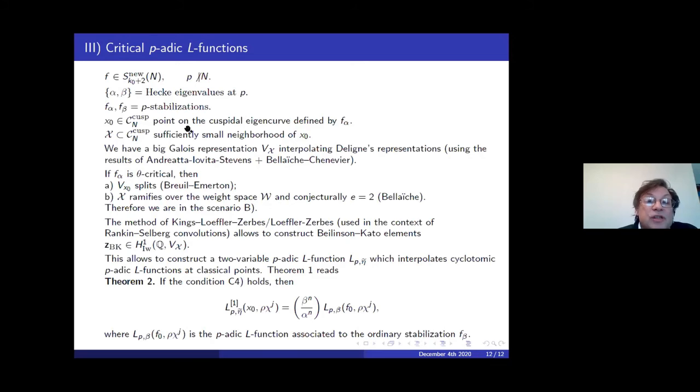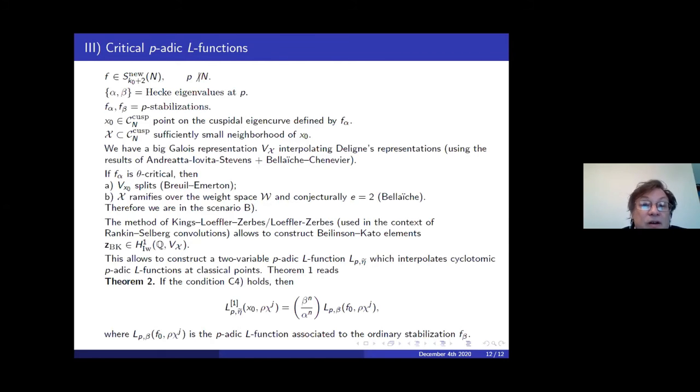Take a sufficiently small neighborhood of this point. Then we have a big Galois representation Vx, defined with coefficients in the ring of affinoid functions on X, a big Galois representation which interpolates the Deligne representations.